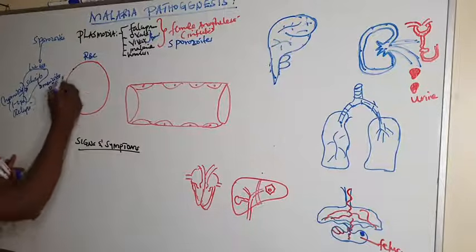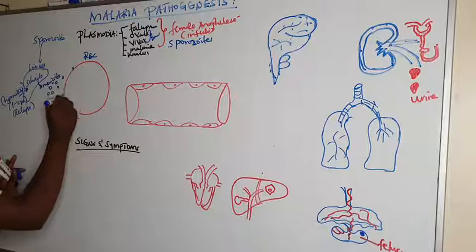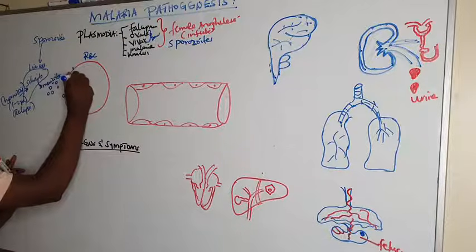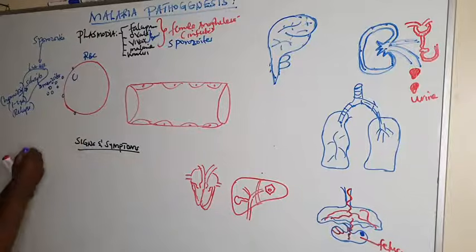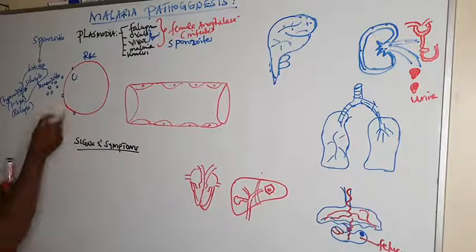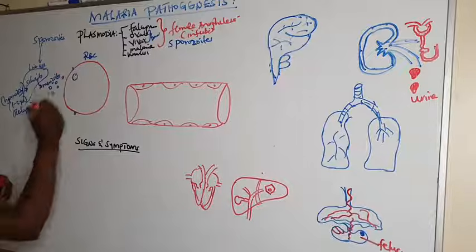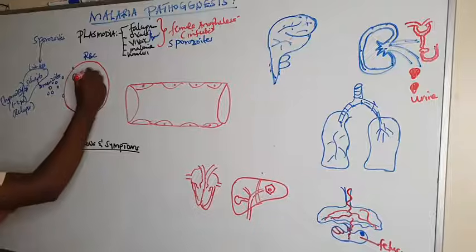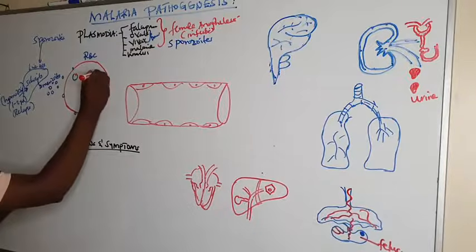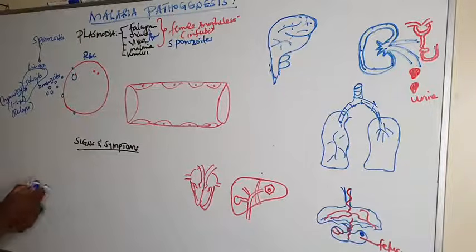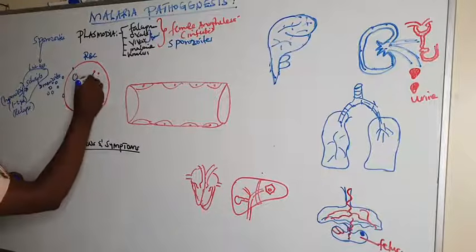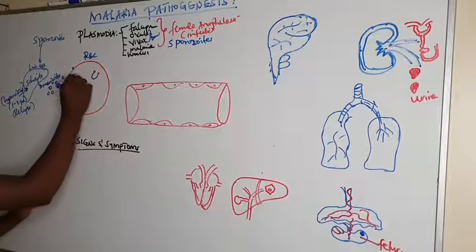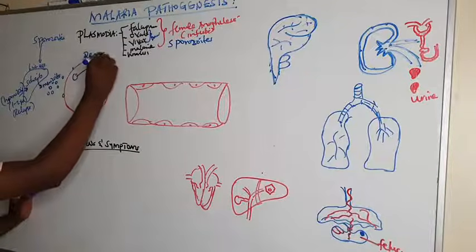After attaching to the specific receptors on the RBC, they transform into what we call the ring form, whereby the ring of Plasmodium falciparum is delicate with a chromatin dot. Then others can have 2 chromatin dots. This ring form is what we call the trophozoite.